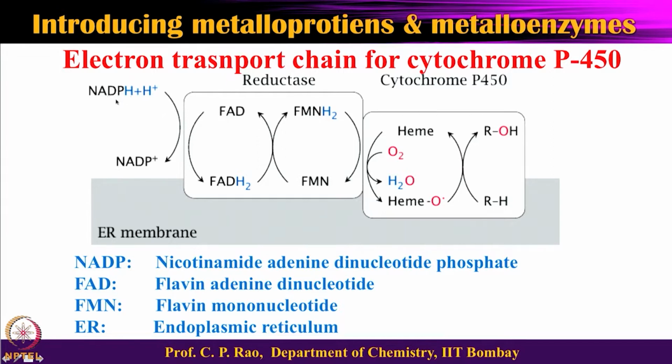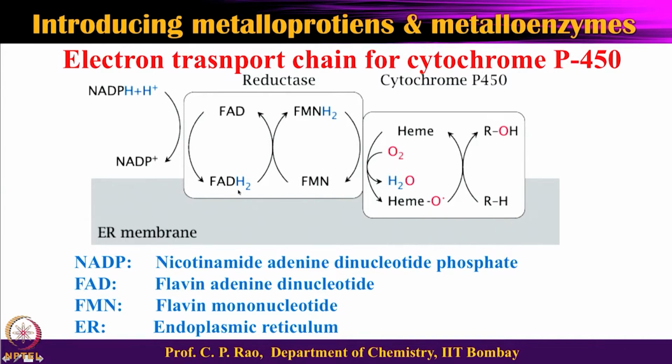So, at the end, the beginner in this chain is NADPH going to NADP plus. When NADPH oxidizes to NADP plus, it releases electrons. These electrons convert FAD, the oxidized form, into FADH2, the reduced form.